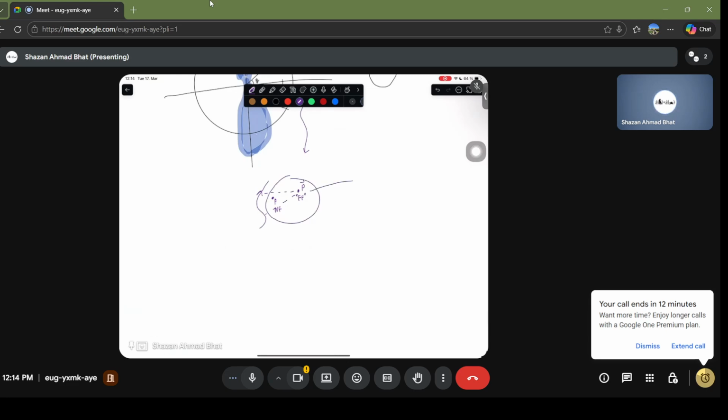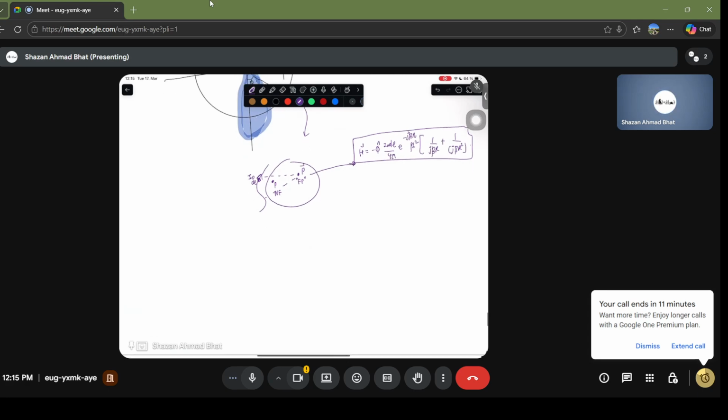In that condition, you can encompass both in the Ampere circuital law, and write the magnetic field at point P as minus phi cap, which is the directional vector, I naught dl, where I naught is the current it's carrying and dl is the small length element, divided by 4 pi, e to the power minus j beta r, times beta square over j beta r plus 1 over j beta r square. So this is essentially it.